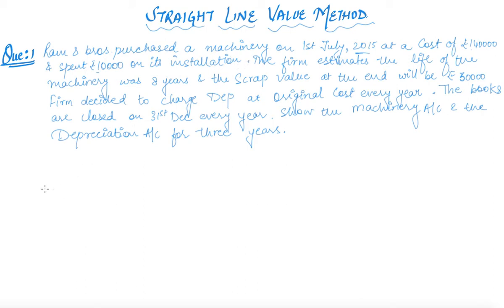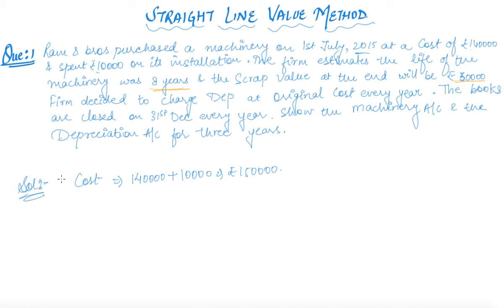So we can say that in the given question, our cost, or you can say the original cost, is rupees 1,40,000 plus rupees 10,000, which is rupees 1,50,000, right? Apart from that, the firm estimates the life of the machinery is 8 years and the scrap value at the end will be rupees 30,000.